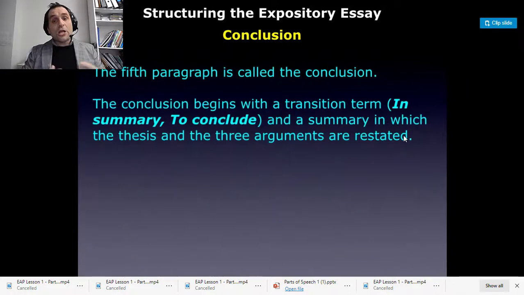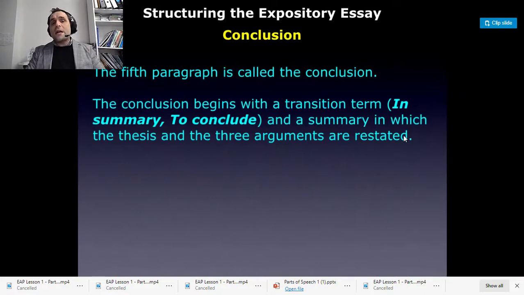We call it conclusion because we need to conclude. We need to finish writing the essay. And the conclusion typically, most of the times, starts with a transition term. A transition term, that means it's a term that we use to go from one stage to another, to move from the body of the essay to the conclusion of the essay.